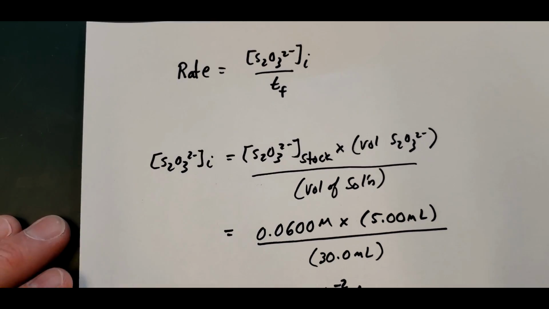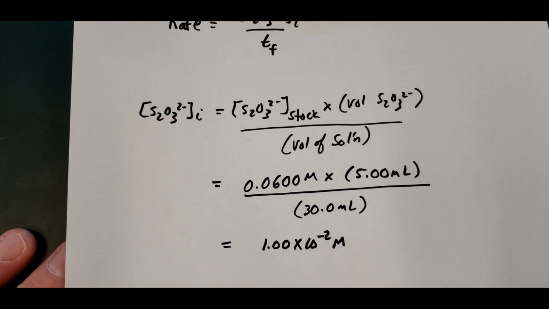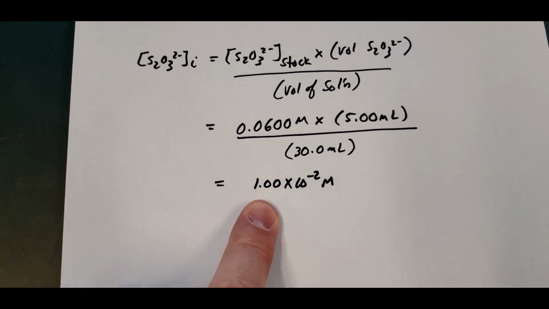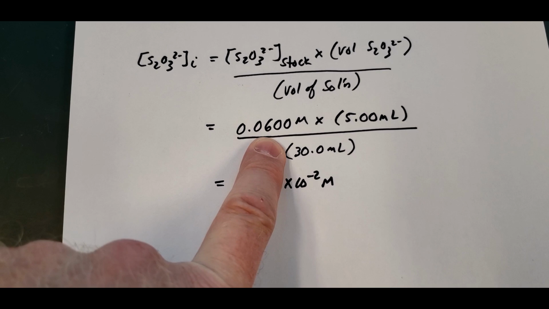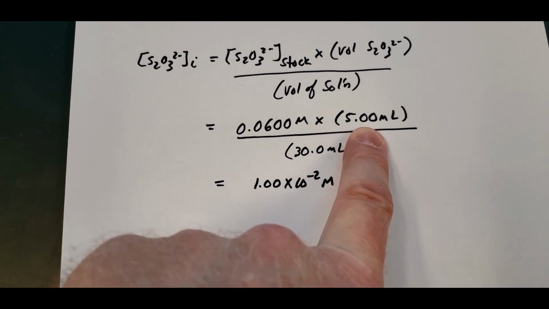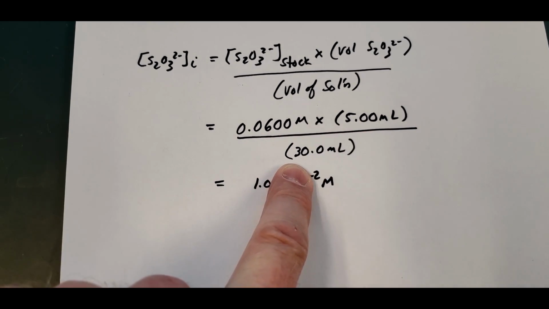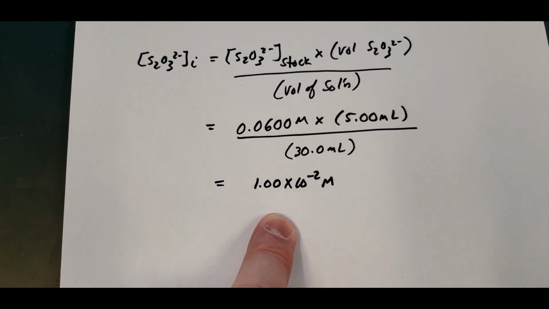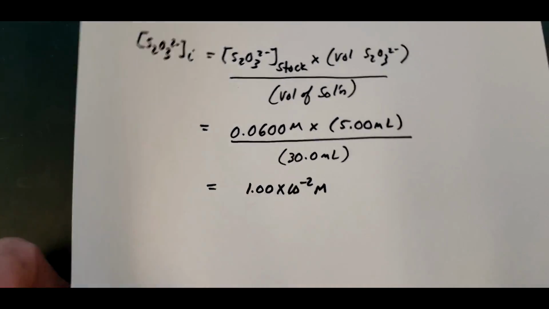What do we initially have? Since it's the same for each reaction, we only have to do this once, and this is the answer. This is 1 × 10⁻² molar. So we take the stock solution, there's 5 mL of it, and it gets diluted to 30 mL by adding in the other solutions. So that's our initial concentration of the thiosulfate.